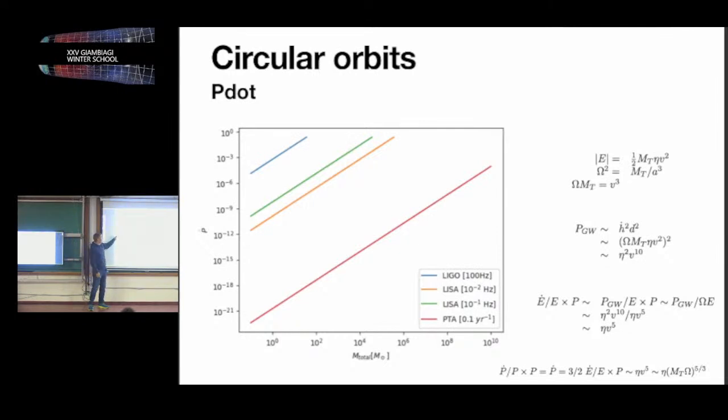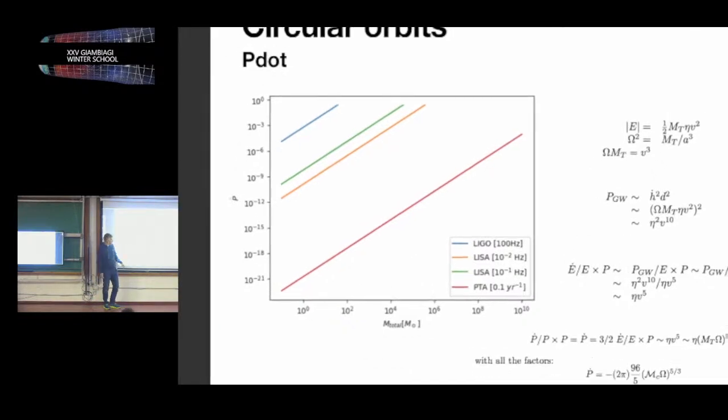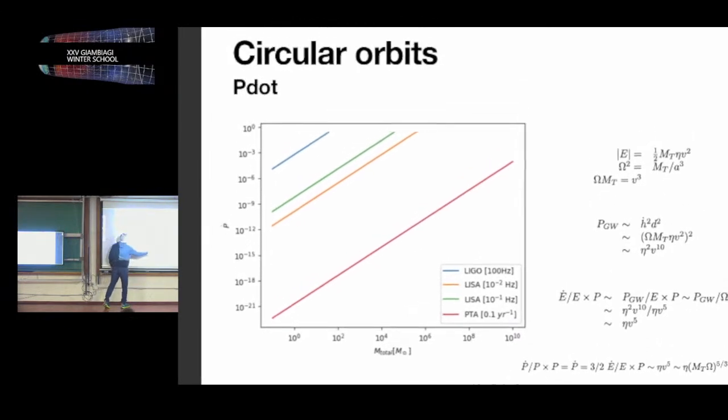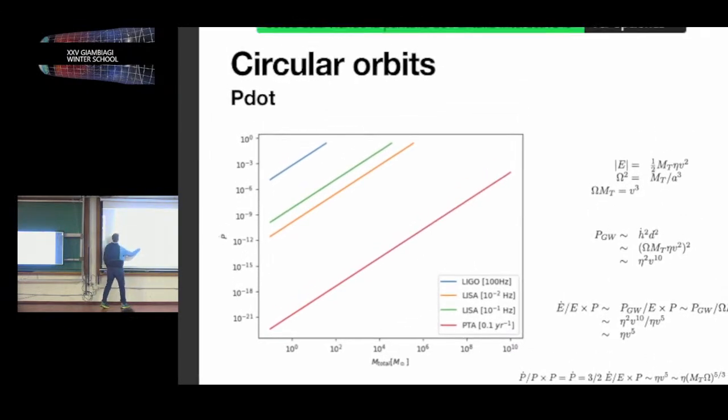So LIGO gets to 1 at the merger. But for pulsar timing arrays, it never gets to 1 because they never merge, even in the age of the universe. So here, this is the age of the universe. Sorry, this is the maximum possible mass that you can have for a black hole in the center.